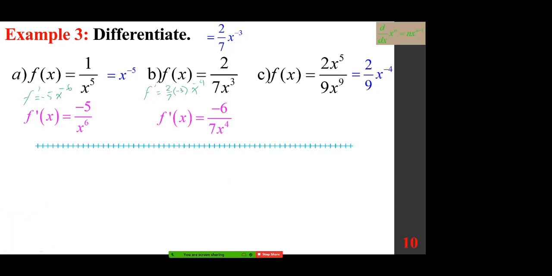So f prime is 2/9, okay, times -4 x to the power of -5, and you just rewrite it as -8/9 x to the power of -5 goes down, becomes to the power of +5. Okay.